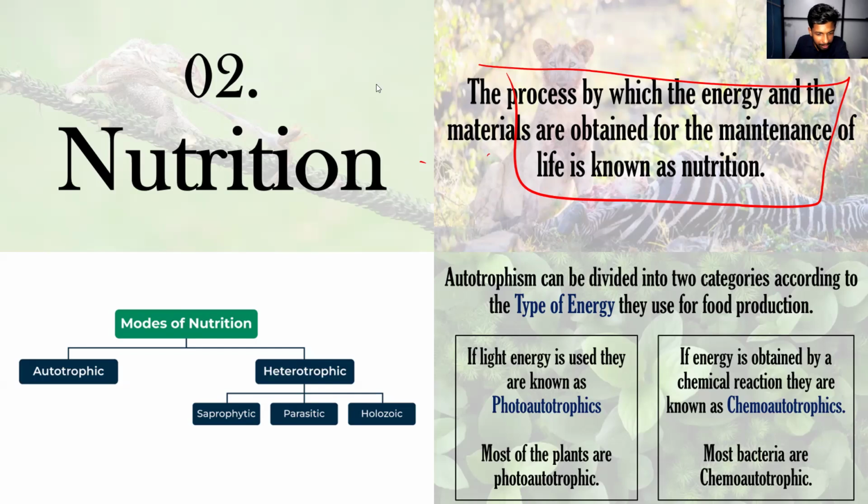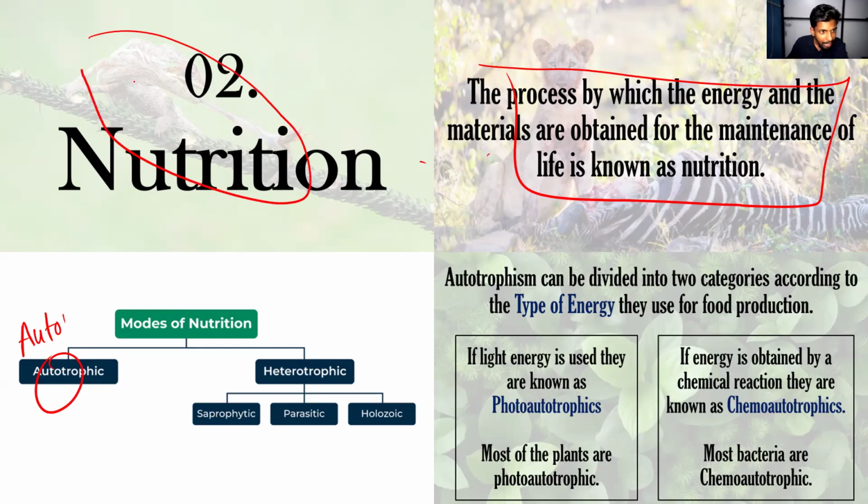There are 8 characters. Listen here, nutrition can be divided into two: autotrophic and heterotrophic. Autotrophic means the plants, they are producing their food by themselves, okay? They are called autotrophic. And what about the heterotrophic? What about the animals? Look at the picture in the background.